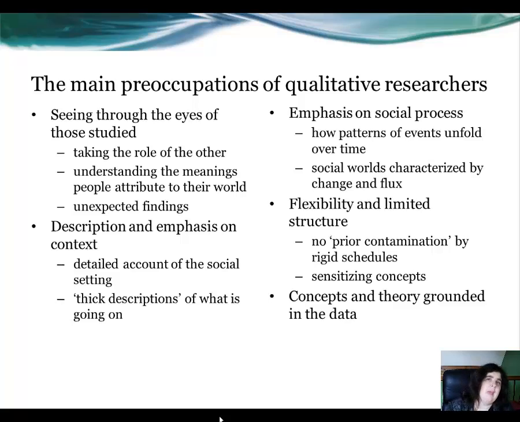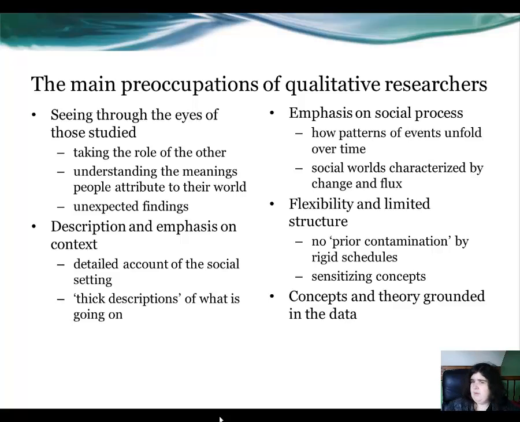So here there's the emphasis on the social process, on how patterns of events unfold over time. And that can actually be observed even through the documentary analysis. The social world is characterised by change and flux. So seeing patterns emerge over a period of time, or even changes to those patterns, that is done through the qualitative approach.